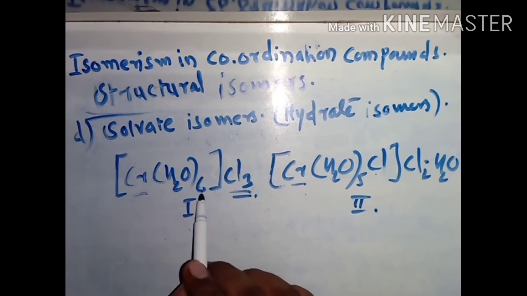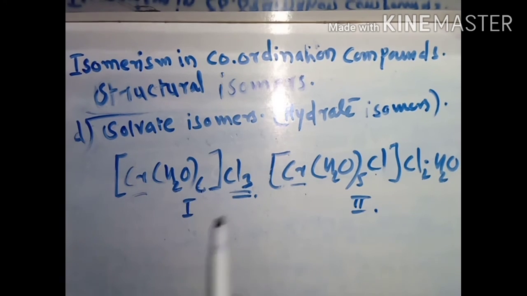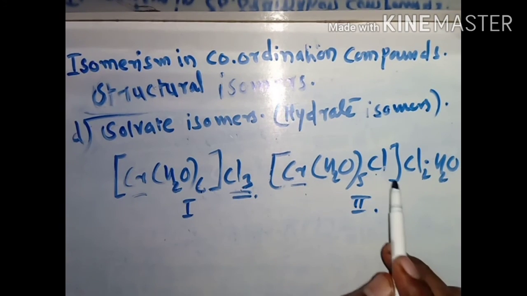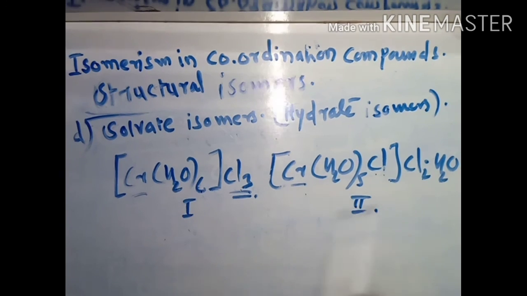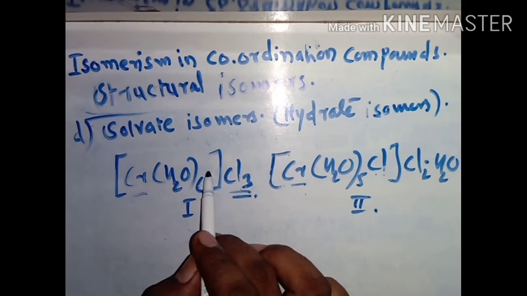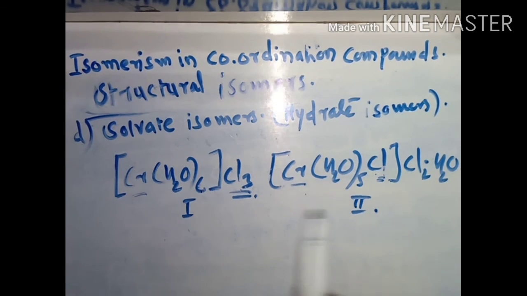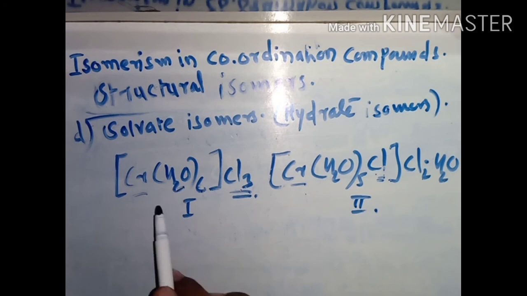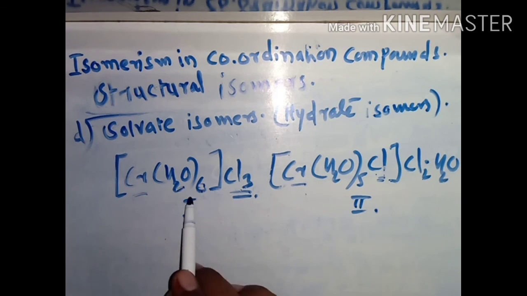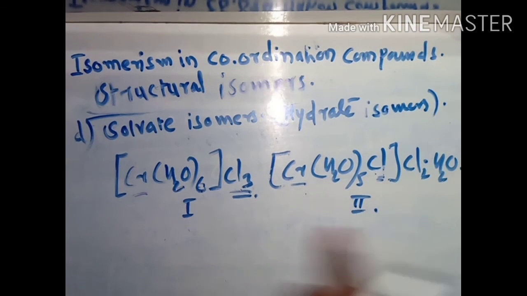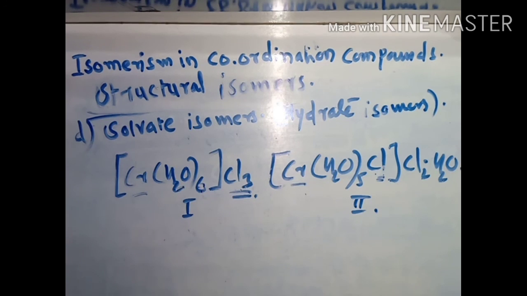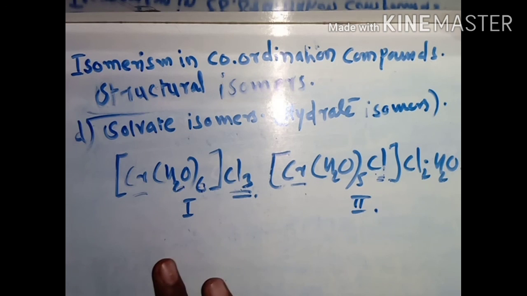Here 1 H2O is exchanged by 1 Cl, so it is written inside the coordination sphere. Here 3 Cl are there, 1 Cl is written inside the coordination sphere like this. That's why out of 6 H2O, 1 H2O is written outside the coordination sphere. So in this way there is an exchange of H2O molecule takes place. Such type of isomers are known as solvate isomers.